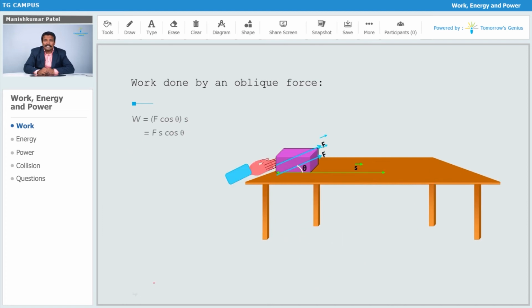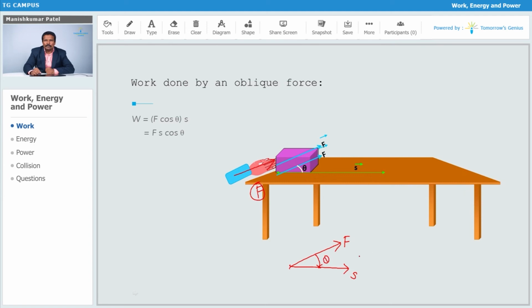Similarly, it is not necessary that you always apply the force in a straight direction and the displacement also occurs in the same direction. The force might be oblique. You apply the force in this direction, but still the block is displaced through a certain distance. This is your f, and this one is s.